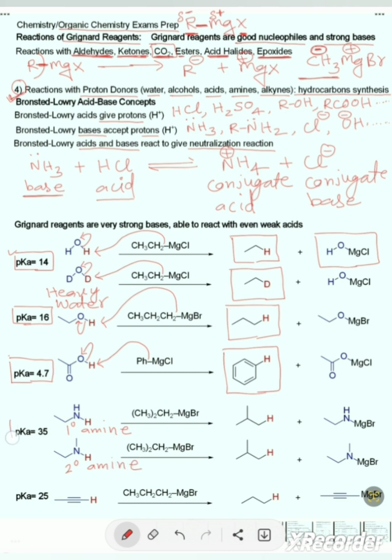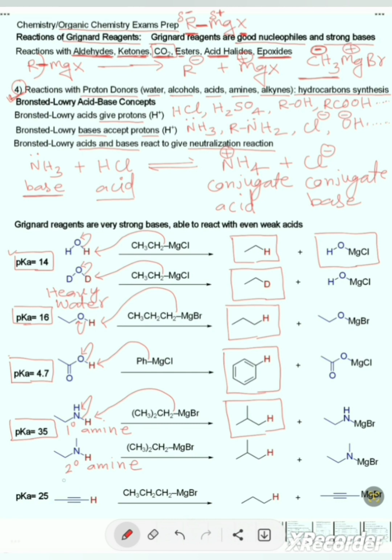The pKa of these amines is about 35. Again the base takes the proton from the amine and the N-H bond breaks to give the corresponding hydrocarbon. In this case, the Grignard reagent was isopropyl bromide, so you get propane here.